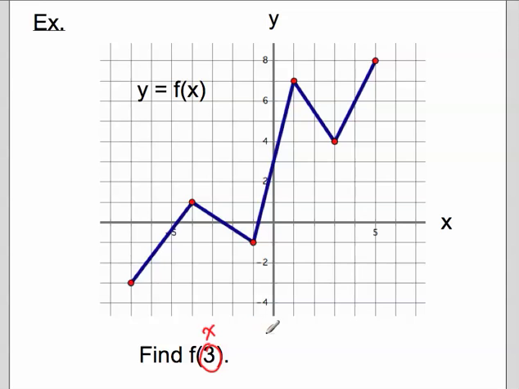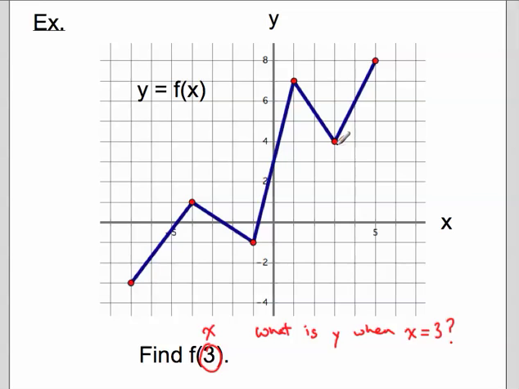So this is asking you what is y when x equals 3. Find f of 3 is asking you the same thing. What is y when x is 3? So to figure that out, we would go to the graph, x 1, 2, 3.